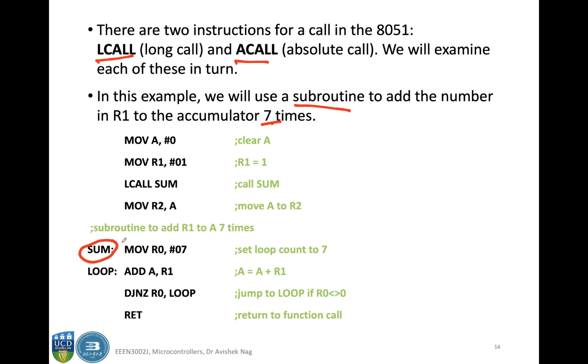subroutine is sum. Okay, so in this subroutine sum, you are adding the number in R1 to the accumulator 7 times by using this loop. So you learned about DJNZ in your last lecture. So DJNZ is actually checking this counter which is set in R0.